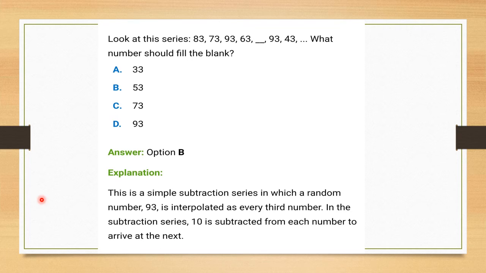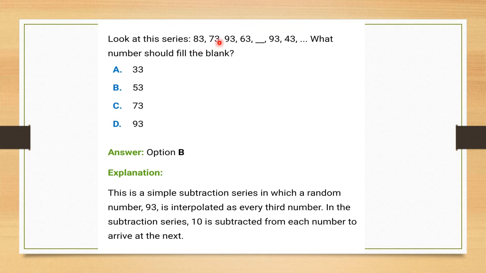We have the next series, again in which we have to fill in the blank. If we check the series here, we can see that 93 is the number which is randomly added after every two numbers. So 93 is added after two numbers. It means 83, 73, 93, 63, dash, then 93.